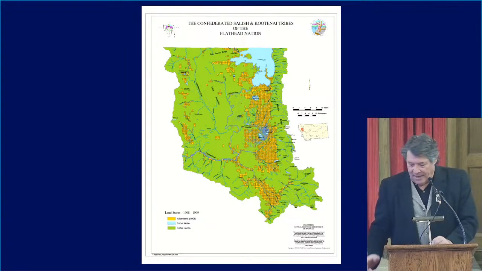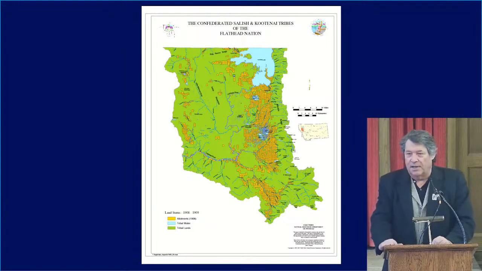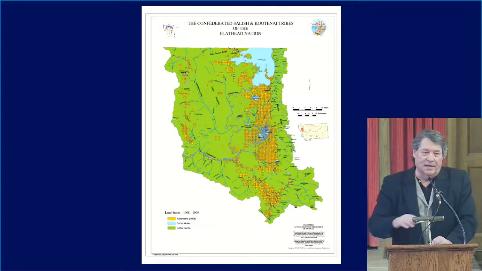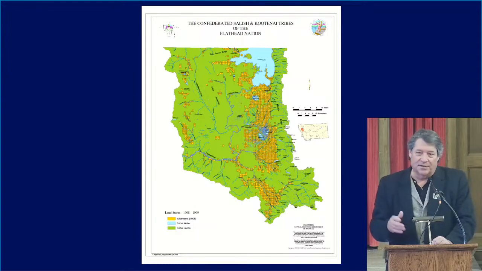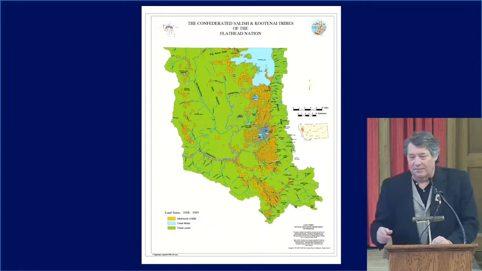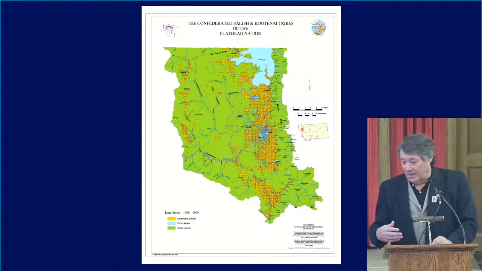The other thing that happened with the Dawes General Allotment Act is once everyone had their 160 acre allotment, the rest of the land on the reservation was declared in excess of Indian needs and taken by the federal government for pennies on the dollar and then sold to timber companies, mining companies, the railroads, and others.